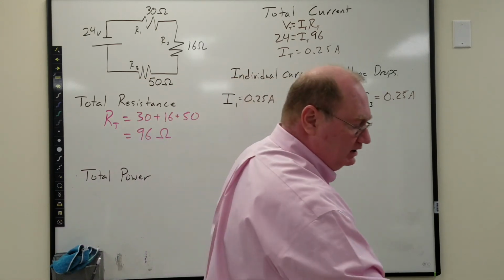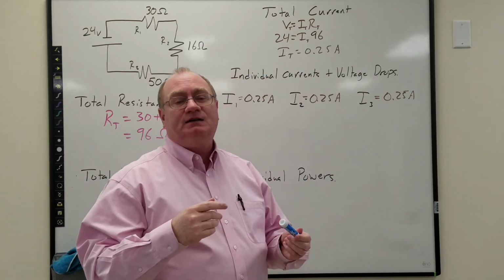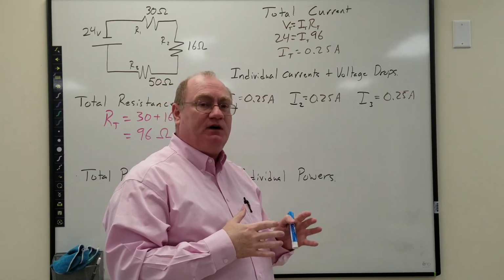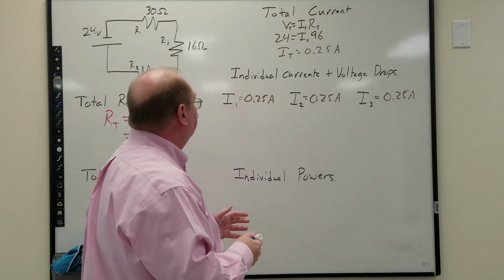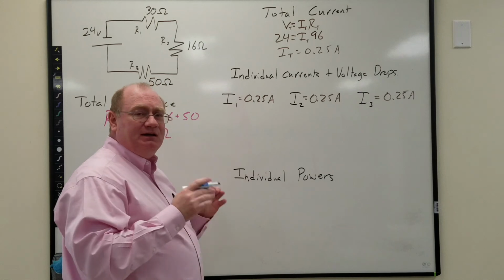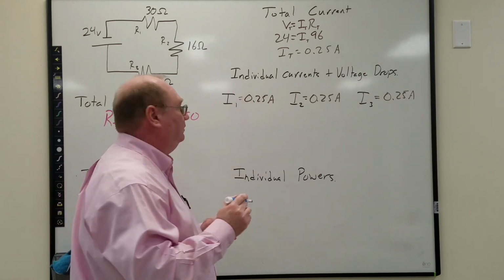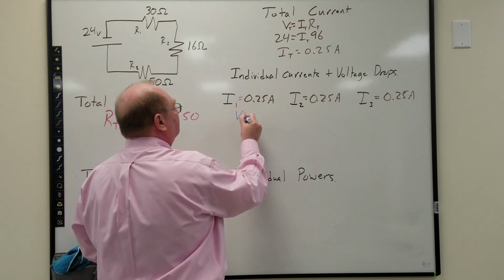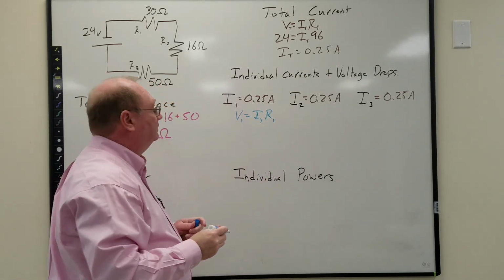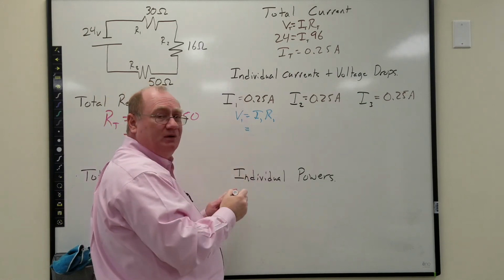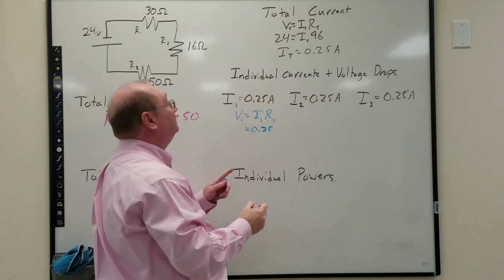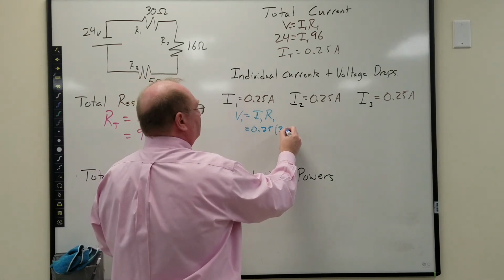Now what will change in a series circuit is what we call the voltage drops. How much voltage each object gets from the battery. And so, for the first one, we're still going to use Ohm's law, but now we're going to individualize it and just talk about resistor number 1. So V equals IR. We're actually looking for voltage, so we don't know what it is, but we know the current is 0.25 amps, and the resistance is 30 ohms.